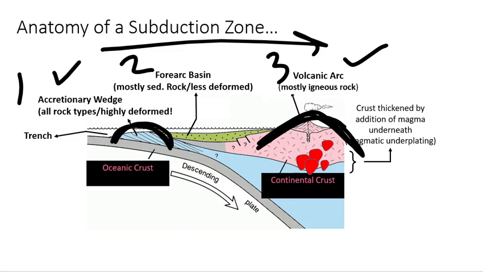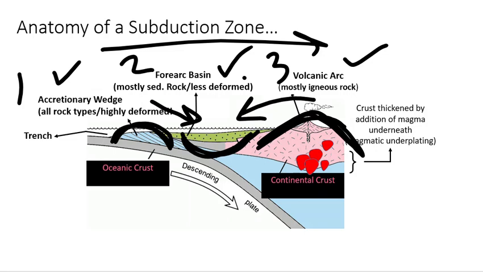And as both of these areas are uplifted and eroded, they both contribute sediment to this low-lying basin in between. That's of course known as the forearc basin, and the forearc basin is in front of the arc and behind the accretionary wedge. It's kind of in the middle between those other two features.